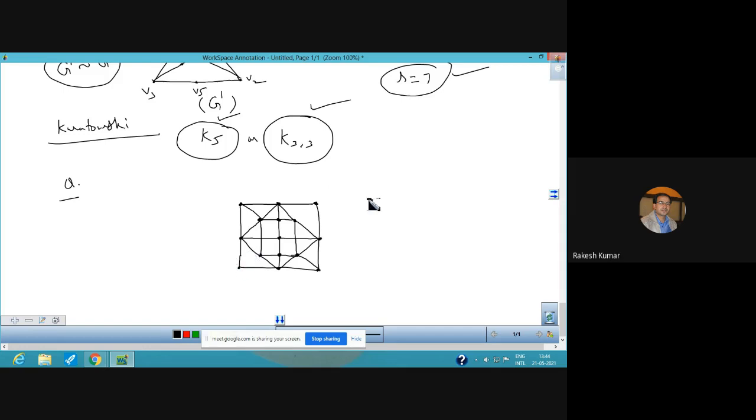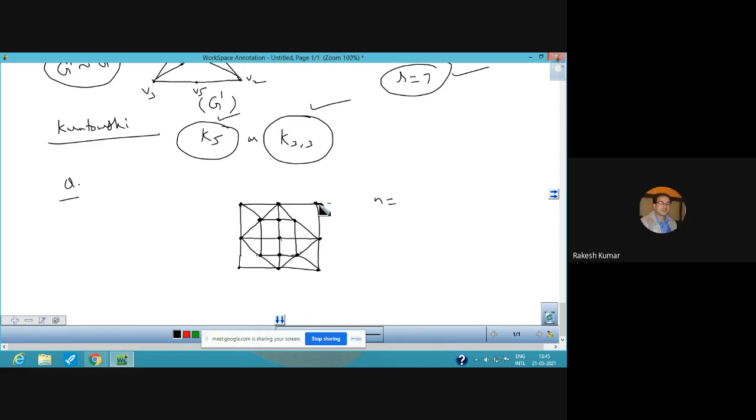Now you can easily count the number of vertices. 1, 2, 3, 4, 5, 6, 7, 8, 9, 10, 11, 12, 13, 14, 15.